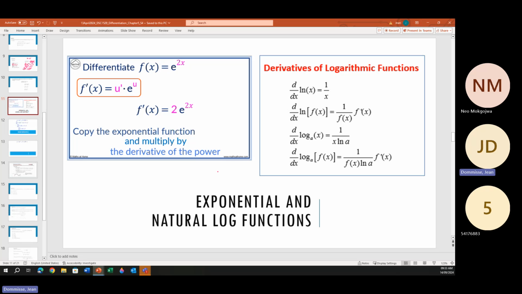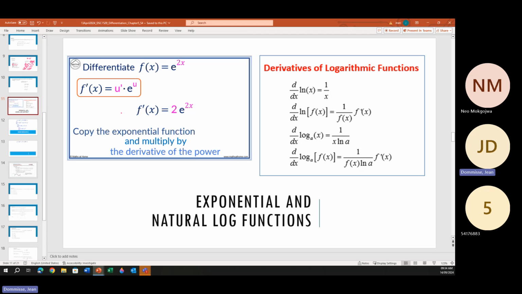When I look at some previous exams, I've never seen that they ask both of them. Sometimes there's one, but I've nearly never seen that they will ask you to differentiate a log function and an exponential function. So normally there's one of them.